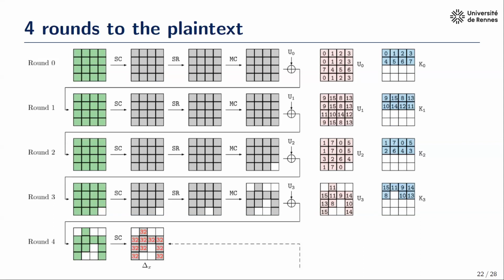Before explaining the extra 3 rounds, a remark on the data complexity. If you extend the distinguisher by 4 rounds to the plaintext, you can see that the plaintext is fully active. So if you naively apply our framework to attack that, you will need the full codebook.